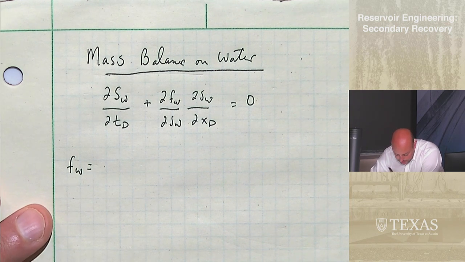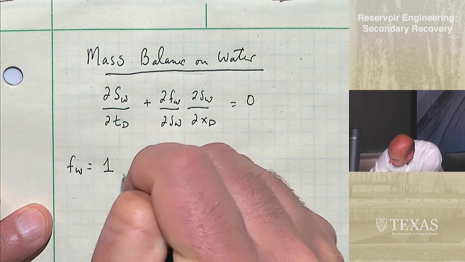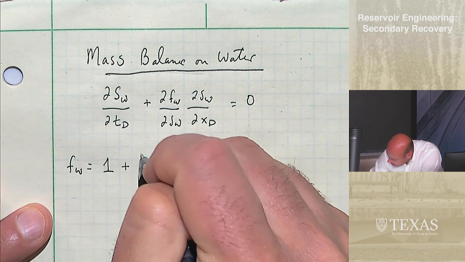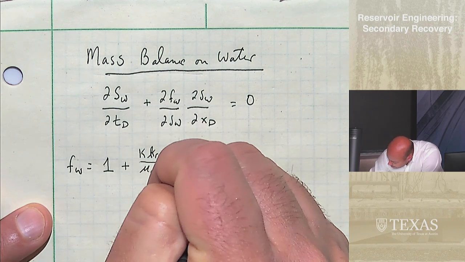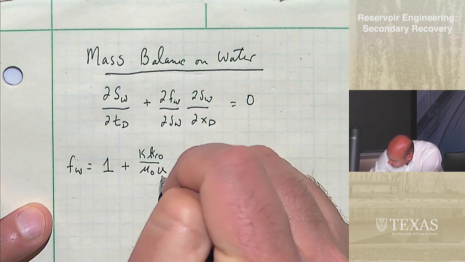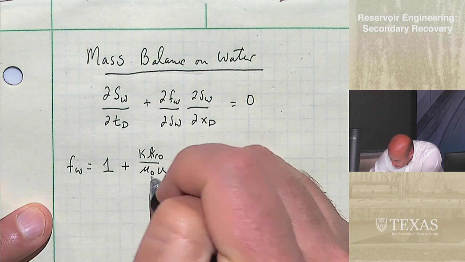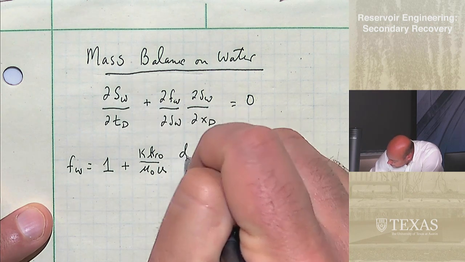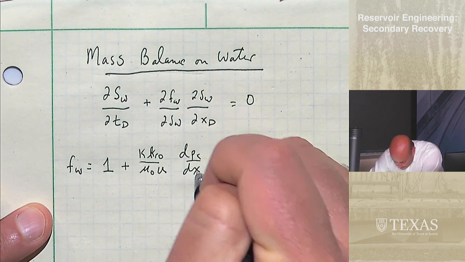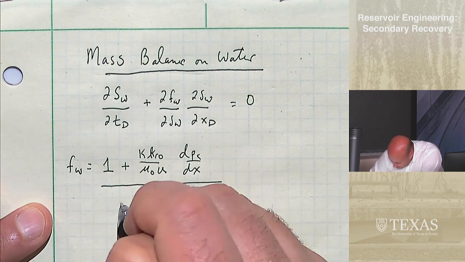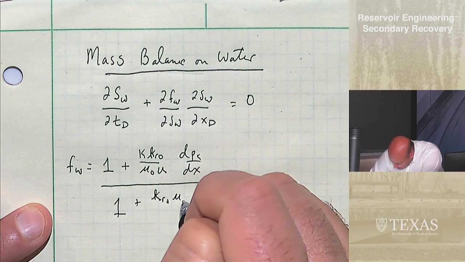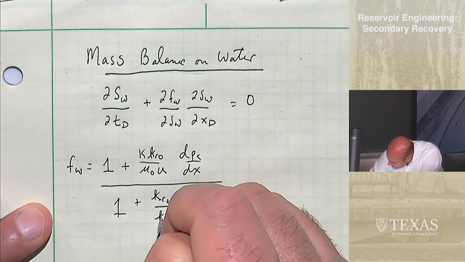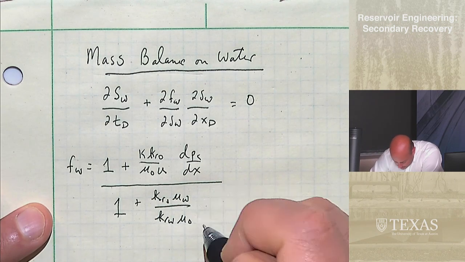We could have gravity too, but the fractional flow curve looks like k KRO over mu O times mu. So that's the velocity, and this is the viscosity of oil, dPc/dx. I think I did this at the very end of the last lecture, plus.